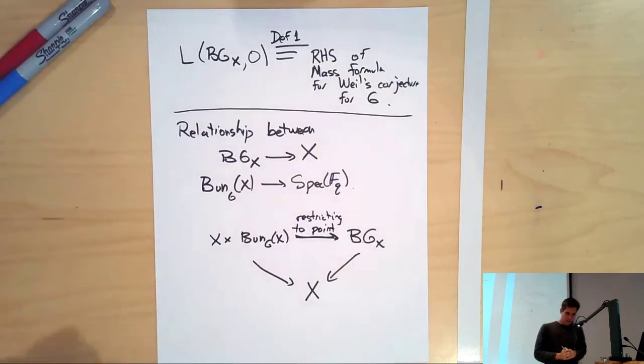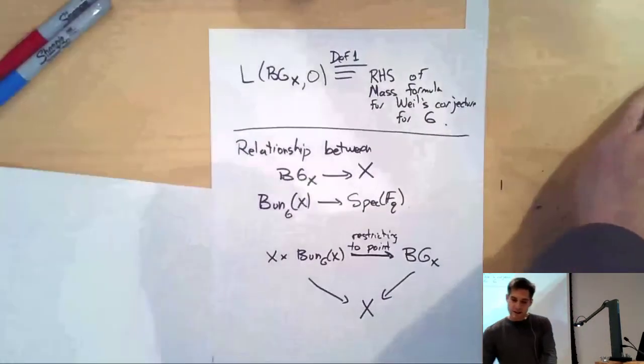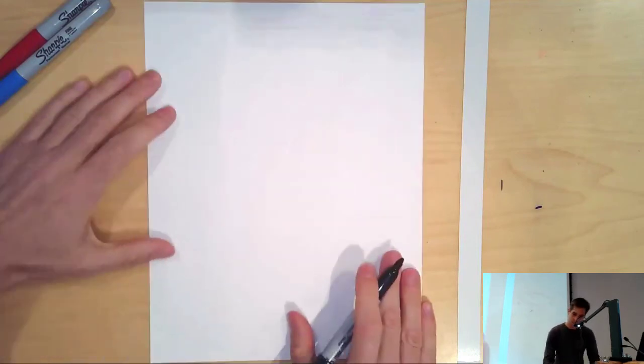So what does this buy me? Well, if you believe that the construction that I gave earlier is functorial in the ways that I said it was, it will connect something about Bun_G to something about BG.